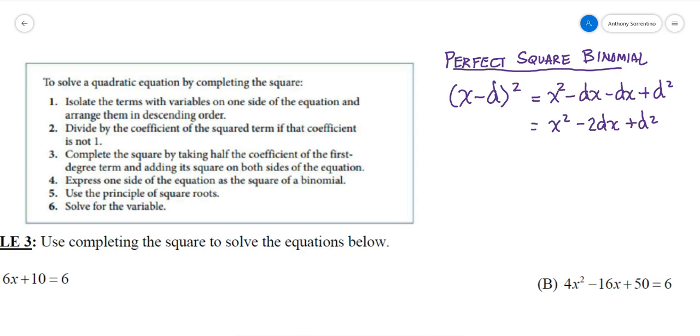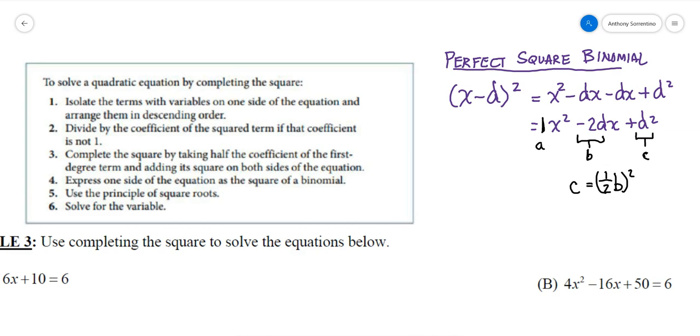When I look at the numbers that represent the standard format, I have a 1 here, which is what my A value is. My B value, as compared to what my C value is, I can see that the C value is basically 1/2 the B value squared.